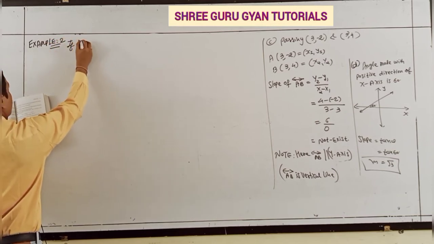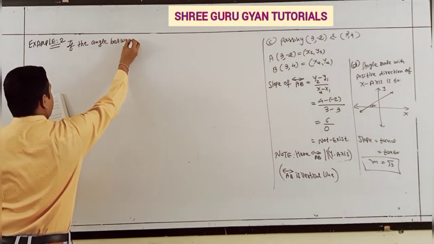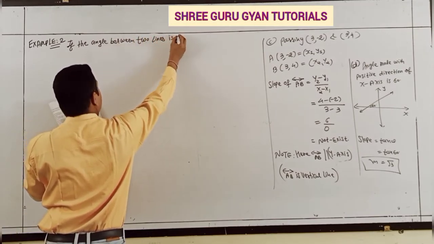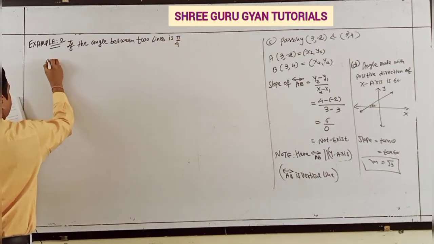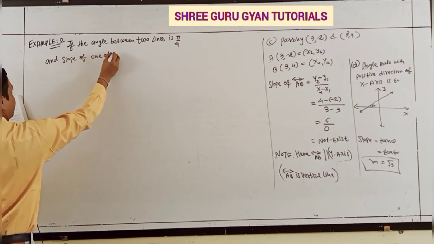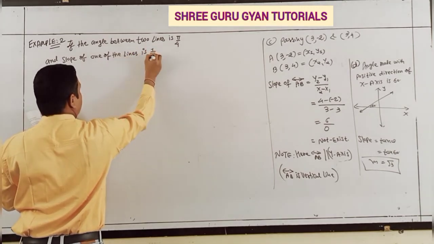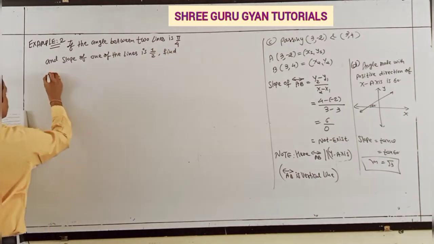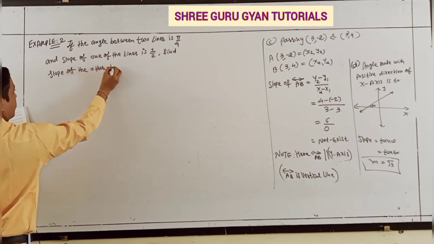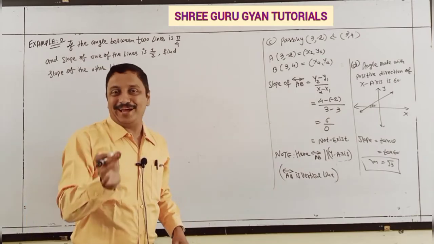If the angle between two lines is pi by 4 and the slope of one of the lines is half, then find the slope of the other line. Yes, the slope of one line is given, and the angle between them is pi by 4.